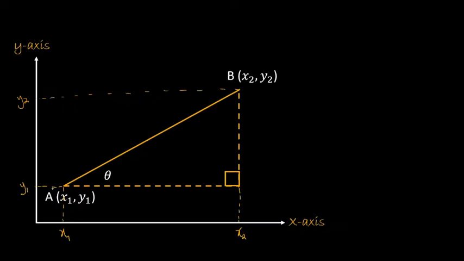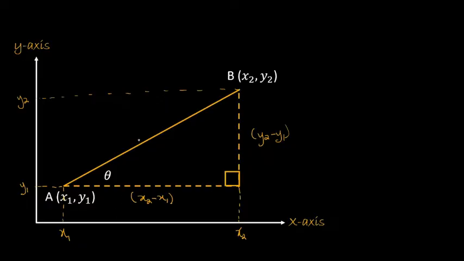So the distance over here from x1 to x2 will be x2 minus x1. So the vertical distance over here will be y2 minus y1. So we need to subtract this from this to get a distance from the top to the bottom over here.